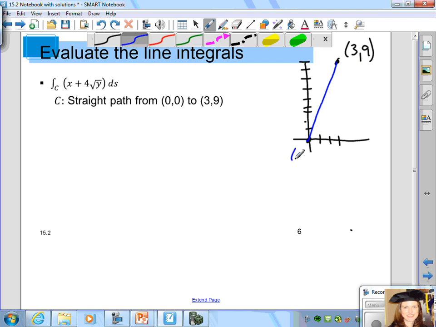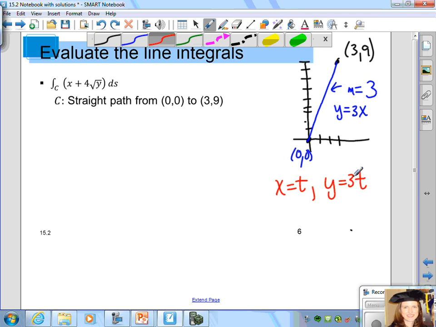Since you're going from the point 0, 0, the slope of that line is up 9 over 3, or 3. So this equation is y equals 3x. You can introduce the parameter: let x equal t, and then y would have to equal 3t.